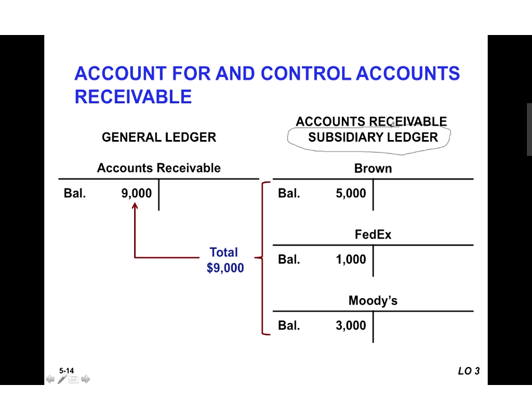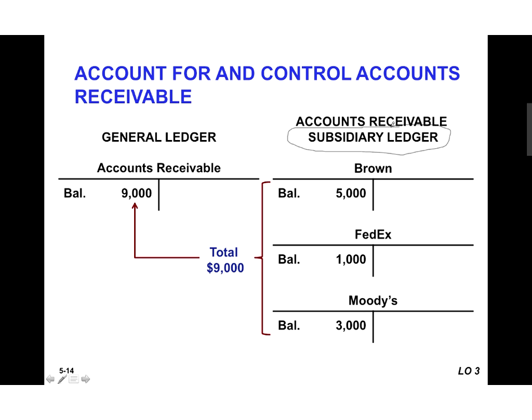Okay, we have a general ledger, and a general ledger is where we keep track of all these accounts. So when we make a sale to a customer, we debit accounts receivable, credit service revenue, and we post those amounts to the general ledger account. And on the left-hand side, that T account, that's accounts receivable. So all the activity we have to do with accounts receivable goes into the general ledger account.